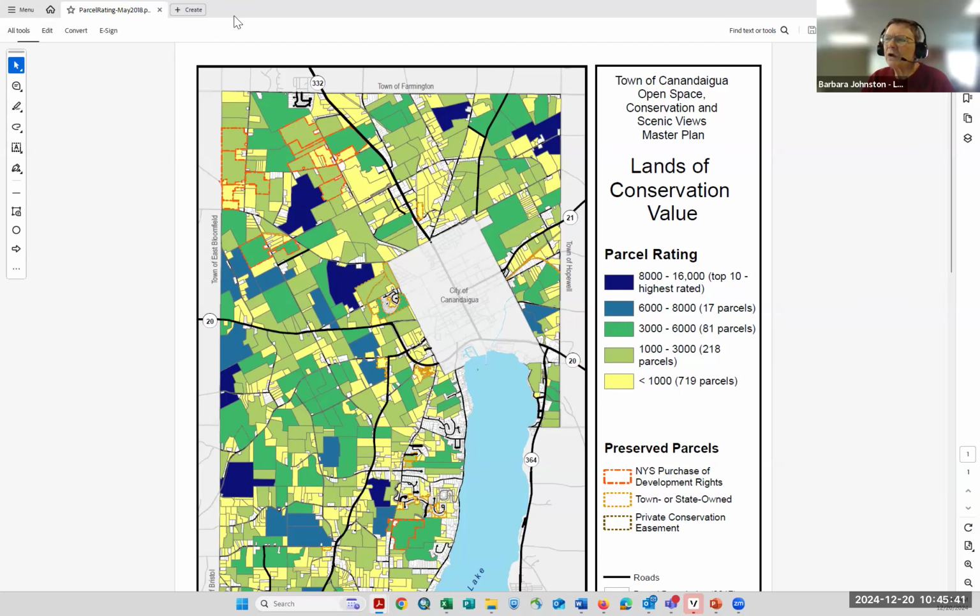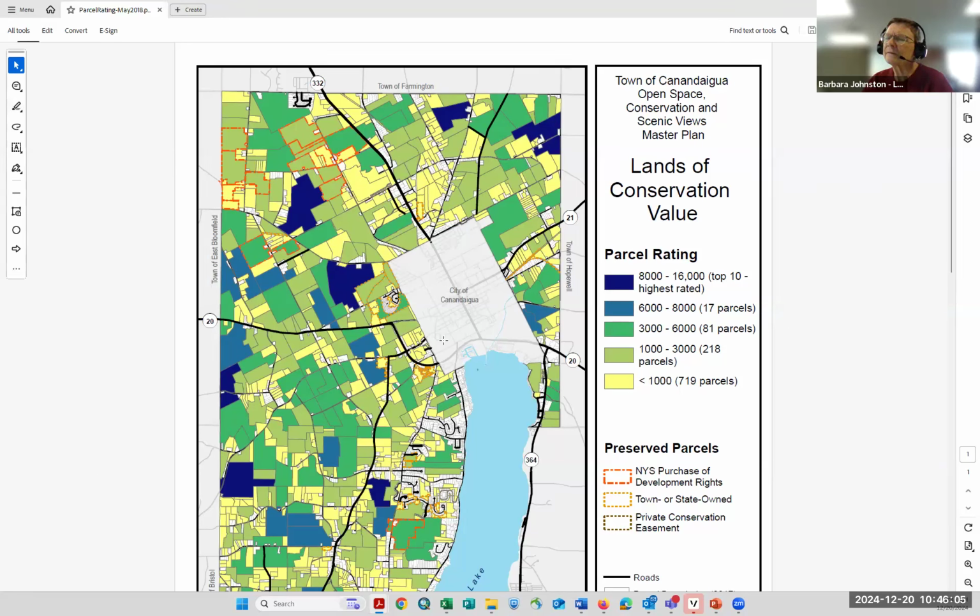I guess it depends if you want to look at the town and areas, and we do have those maps. Those are all of the resource maps that go into this parcel rating. So it depends if you really want to zero in on what's in each parcel, or if you just want to show the resources, which we already show on a series of reference maps.